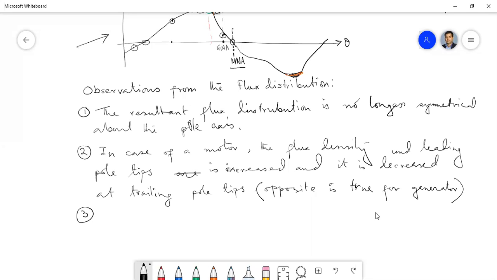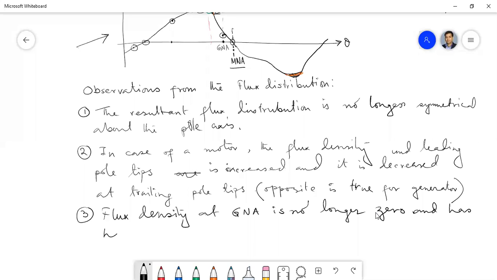So you can write: the flux density at GNA is no longer 0, but has an acceptable value depending on what?